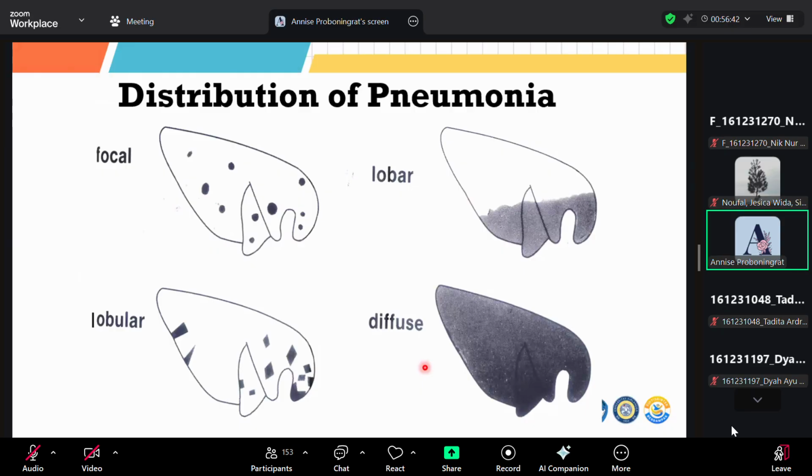This is the distribution schematic of the pneumonia.